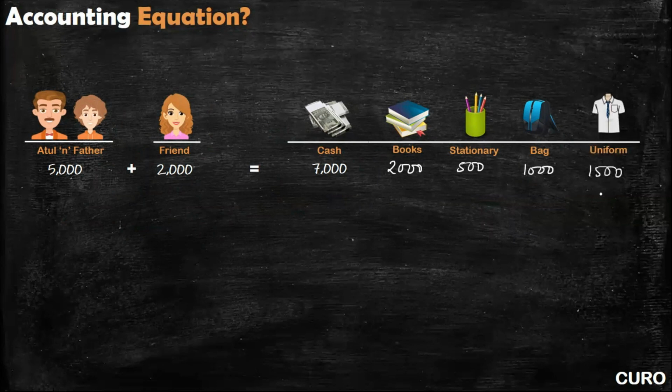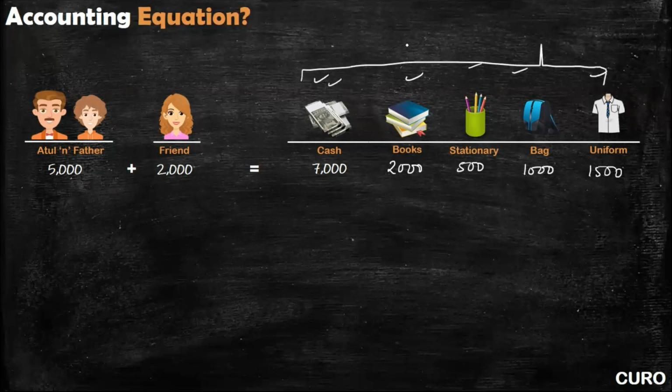Now, Atul has books, a bag, stationeries and a uniform which he bought with the money he got from his father and friend. Here, all things that Atul possesses now, from books to uniforms, everything including his cash balance, all is assets of Atul, as these things are going to serve him in his coming academic session.